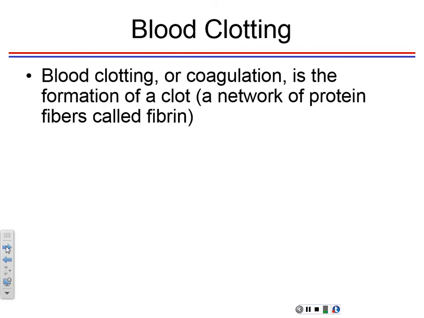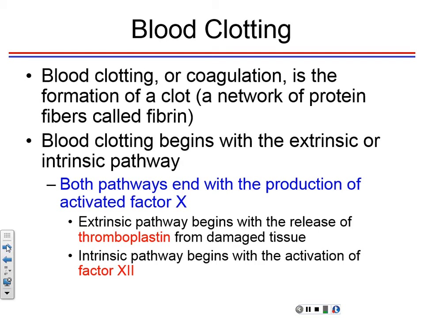All right. So blood clotting or coagulation is a formation of a clot. Okay, through a cascade of reactions, and you activate the conversion of fibrinogen to fibrin. Okay, it starts extrinsically by a process where the damaged tissue produces thromboplastin.